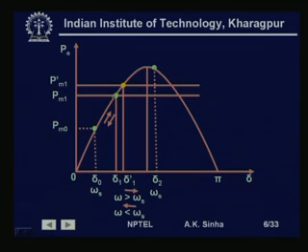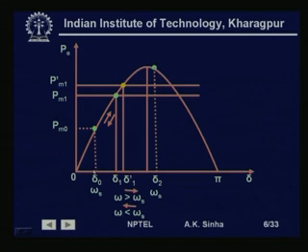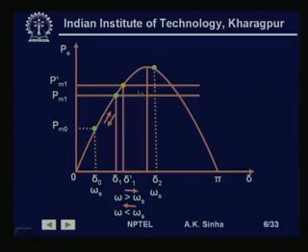However, this does not happen, because while moving from this point up to this point, the system has gained some speed. That is, at this point, when the angle has come from delta 0 to delta 1, the speed of the system will not be synchronous speed, but will be a little higher than the synchronous speed. Because the speed is a little higher than the synchronous speed, the delta angle will keep on increasing.